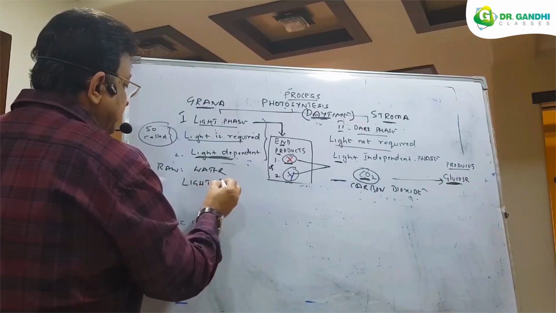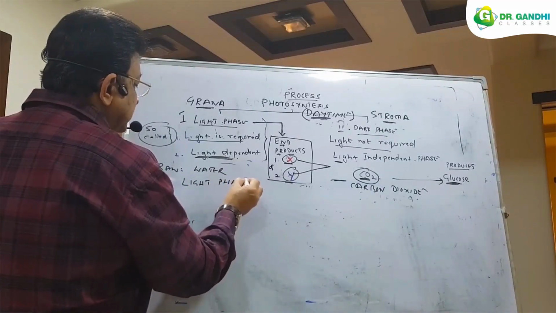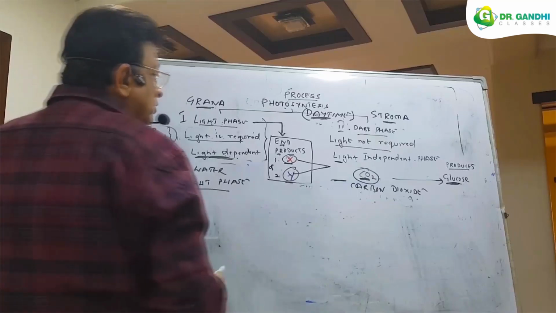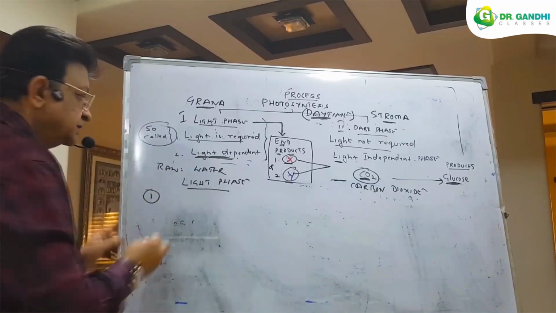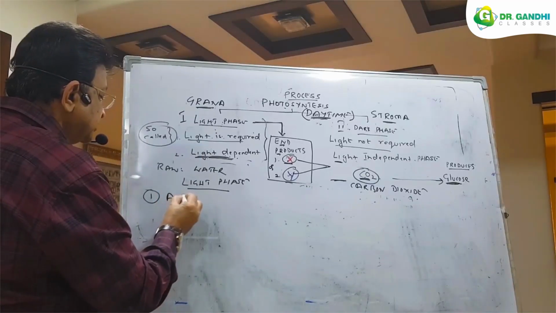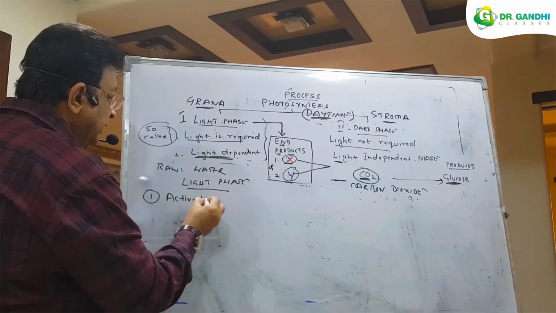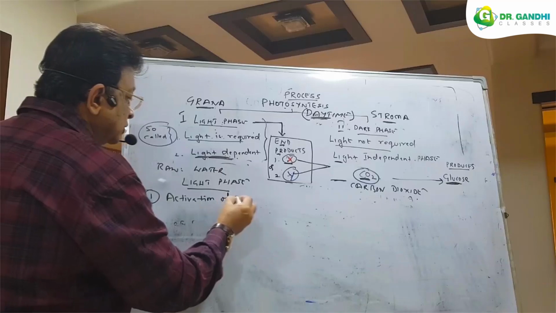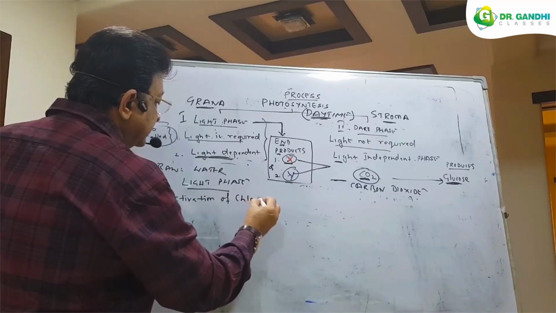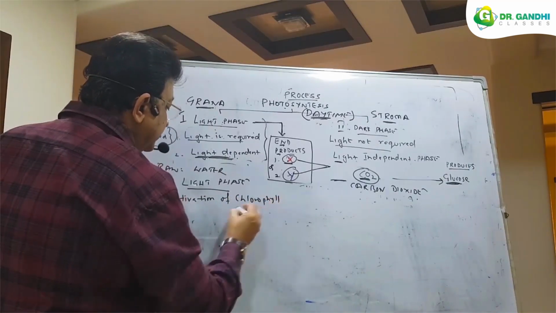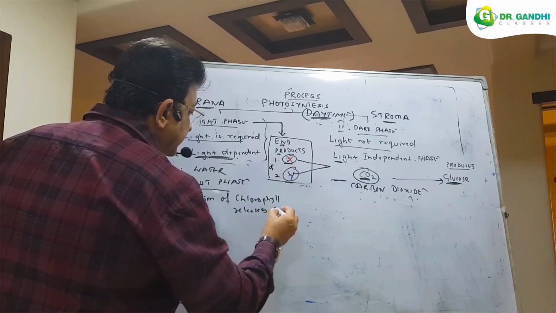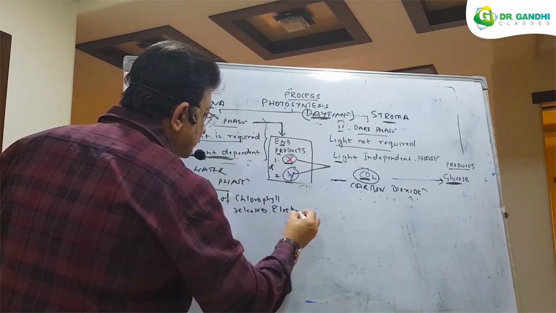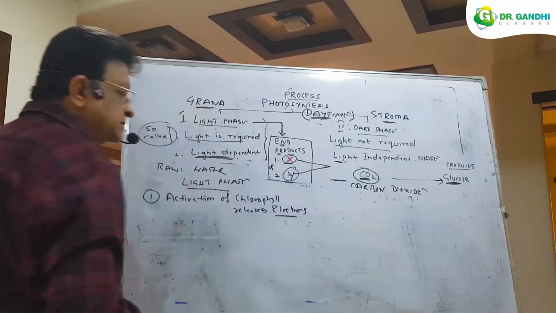As soon as, pay attention, as soon as light falls on the grana, the first step that occurs is activation of chlorophyll. So the chlorophyll present in the grana gets activated and releases electrons. They are energy rich electrons.